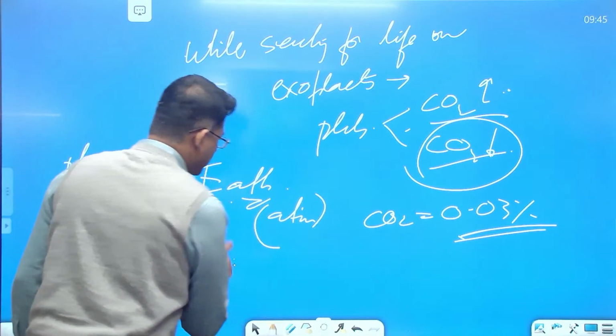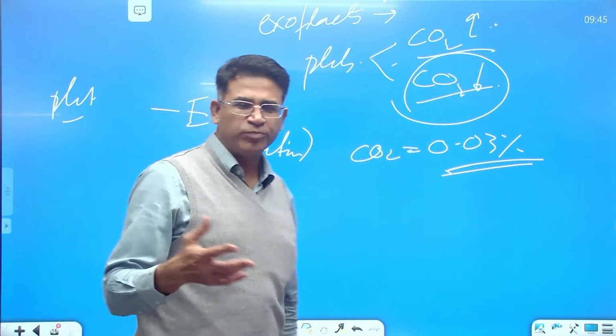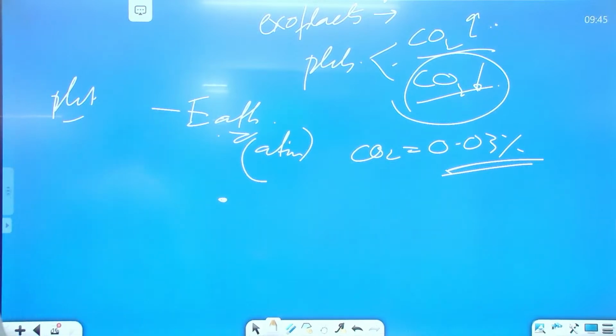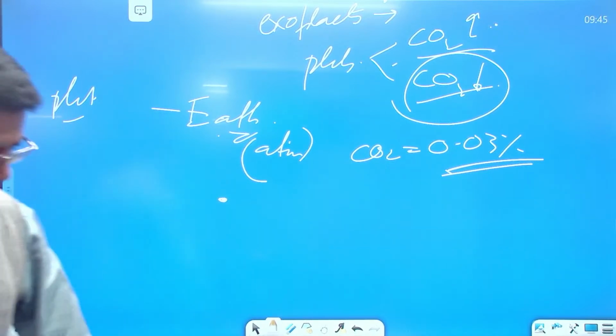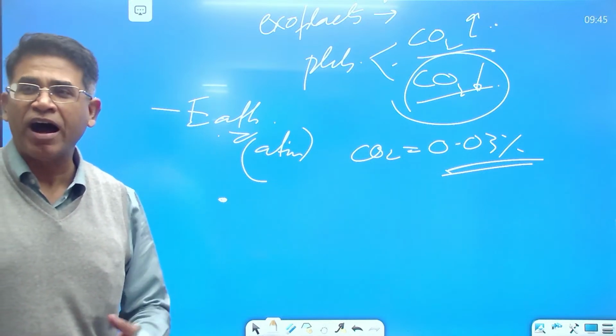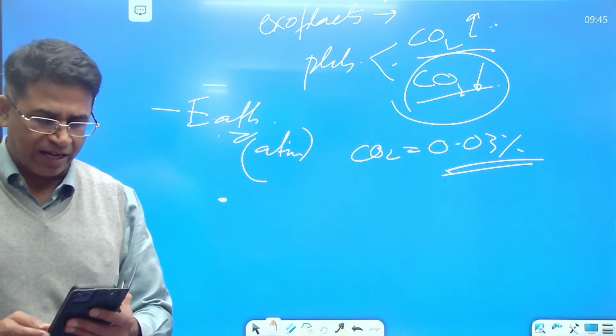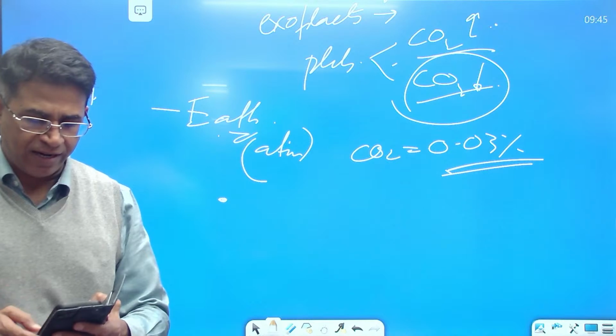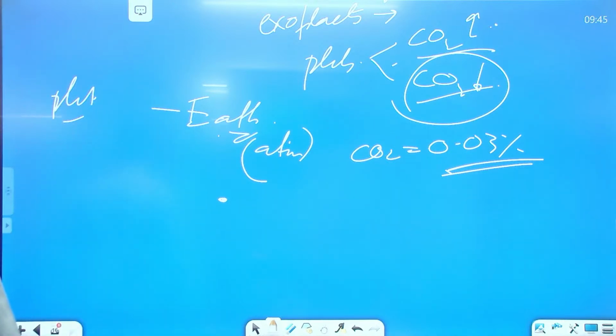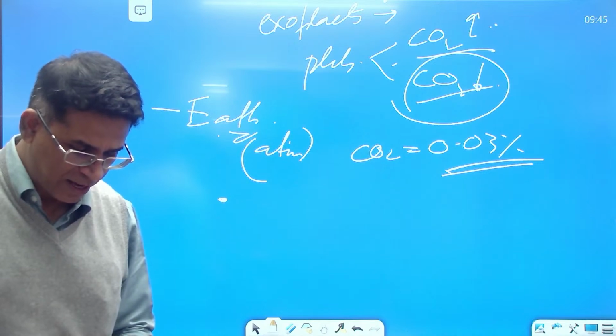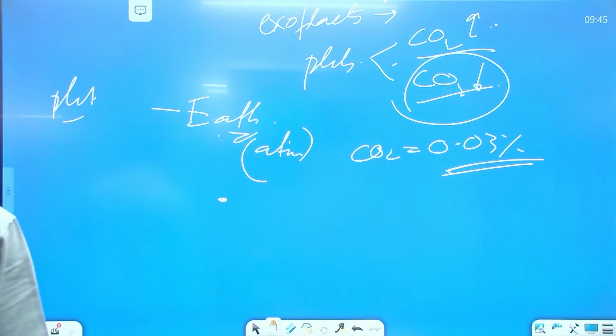Okay. So remember this, that a point here is that compared to what is possible, Earth's atmosphere has far less carbon dioxide, because the atmospheric carbon dioxide has been washed down because of the hydrological cycle and water processes.